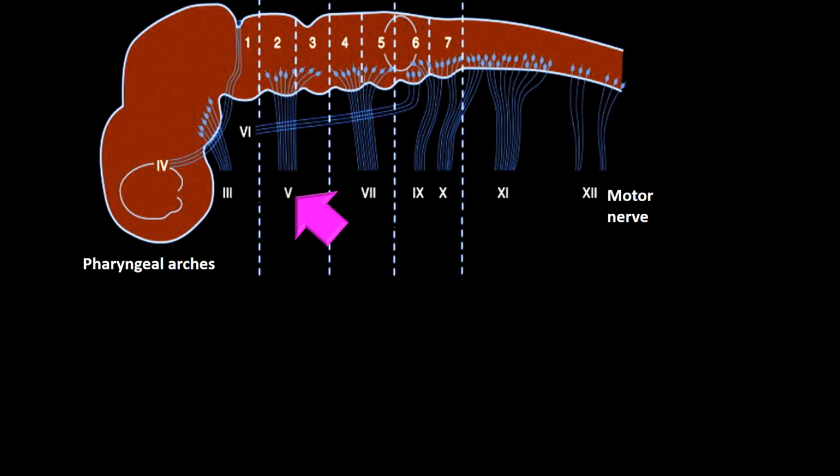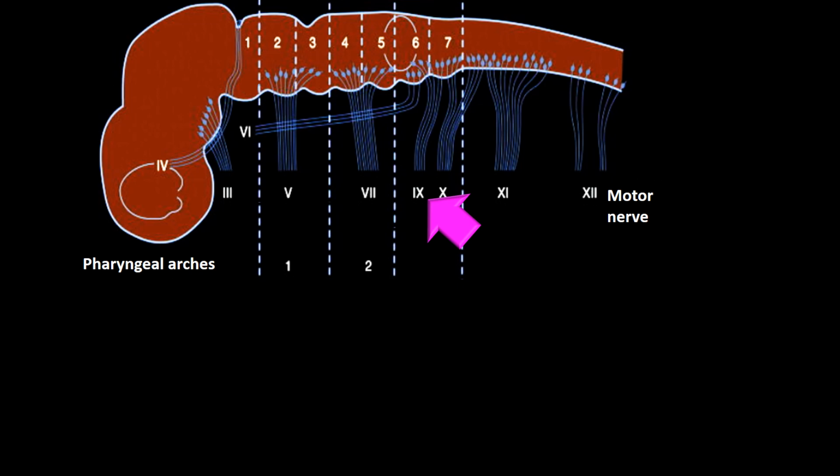Notice that cranial nerve 5 motor neurons arise from rhombomeres 2 and 3, and they innervate the muscles derived from branchial arch 1. The motor neurons for striated muscles of cranial nerve 7 arise from rhombomeres 4 and 5 to innervate the muscles derived from the second branchial arch.